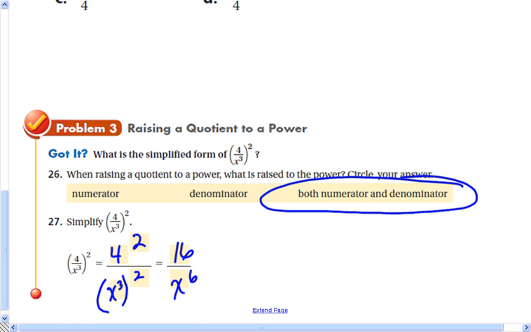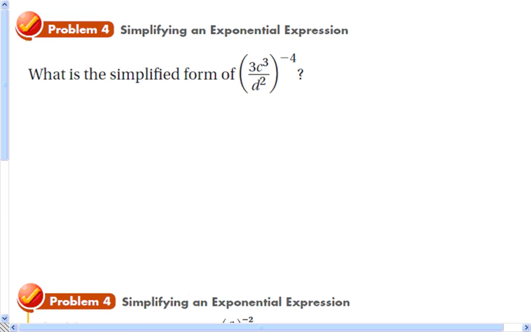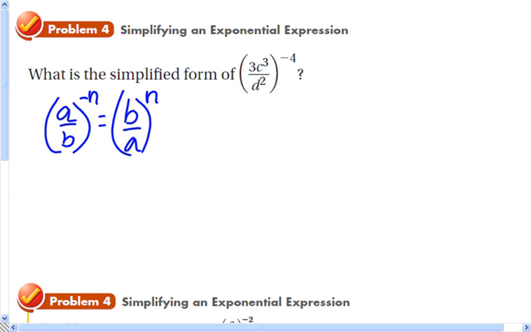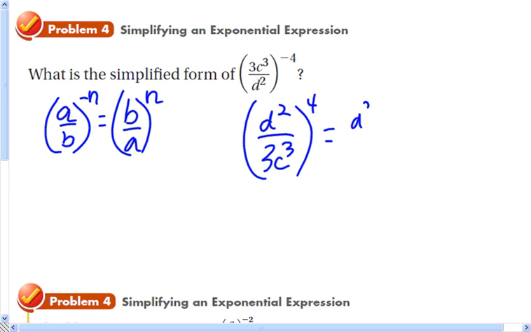All right, what is the simplified form of this? We're going to use this idea here, that anything with a negative exponent is equal to the reciprocal of that positive exponent. So right away we can get rid of this negative exponent by just flipping this over. And then we're going to do it like that. Then we're going to distribute that power to the numerator and the denominator.